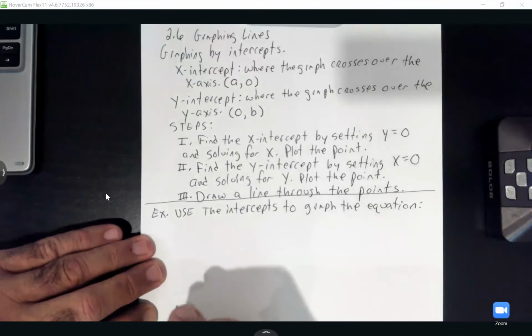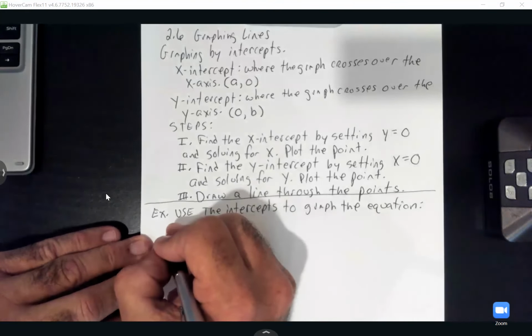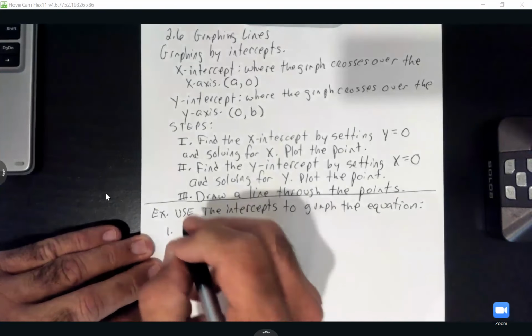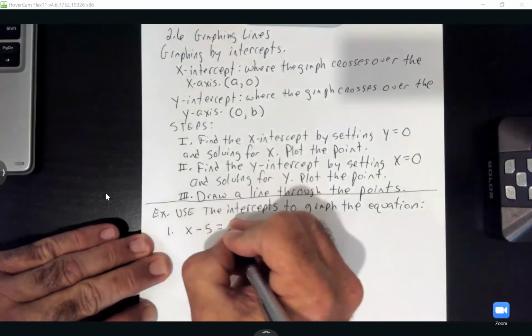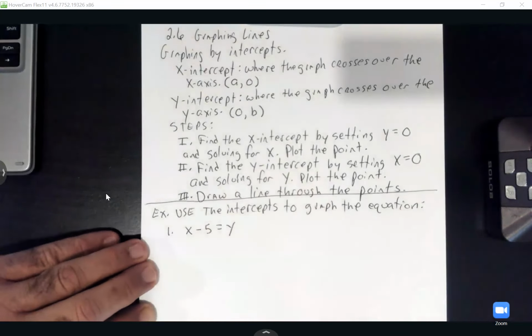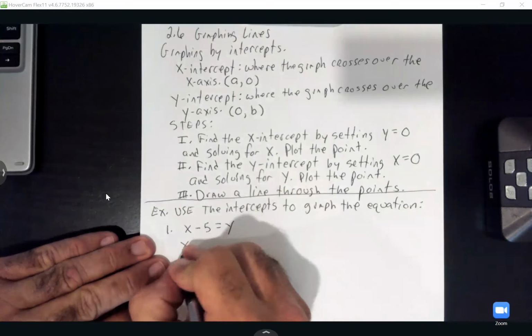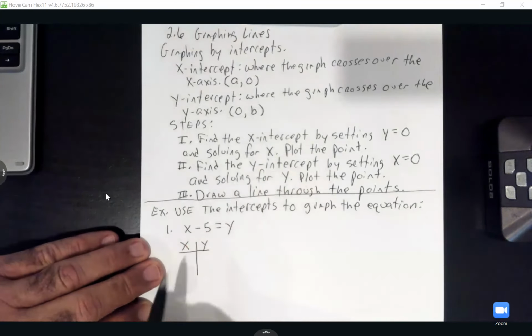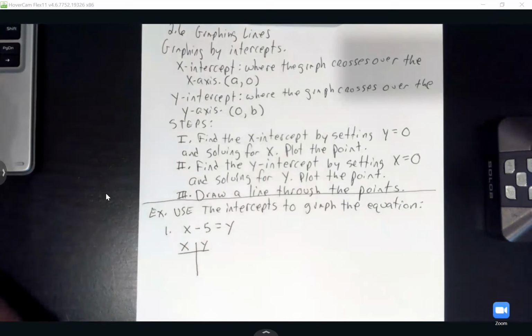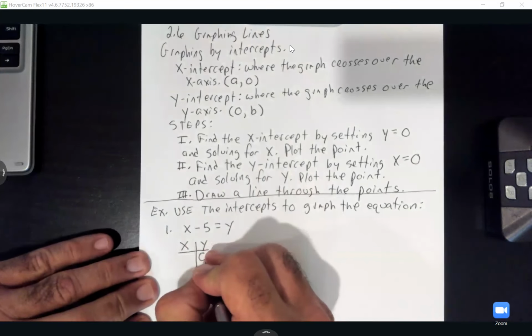All right, y'all. So the first one I'm going to do, so my number one will be x minus 5 equals y. So when I'm done, I'm going to find my x-intercept first by setting this y equal to 0.